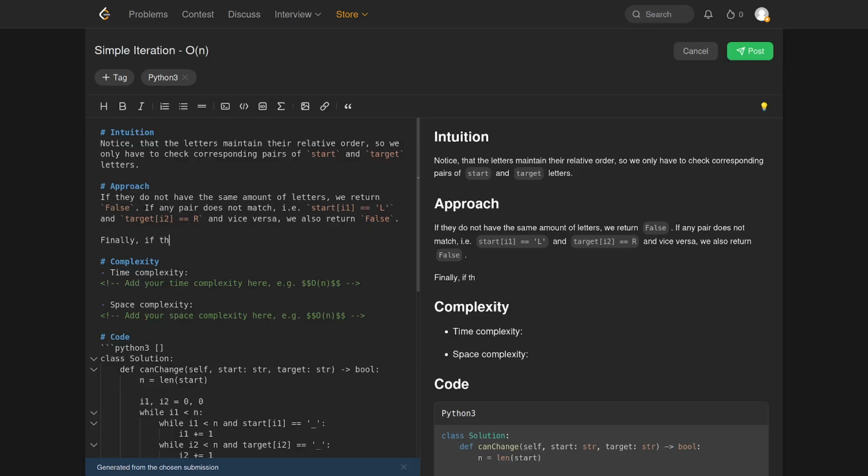Finally, if the pair is the same, we check the positions.